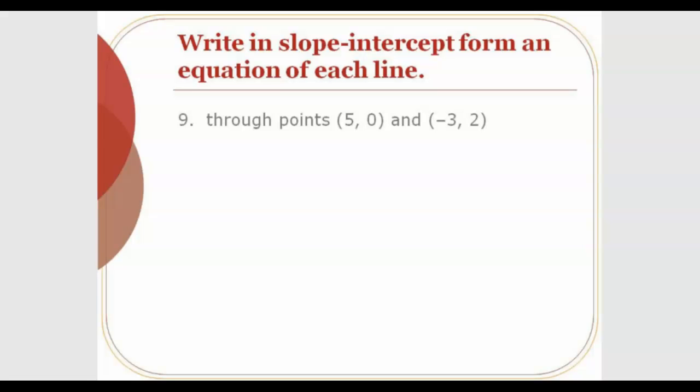In this example, (5, 0) is the x-intercept. So we still need a slope. So you start by finding your slope and then plug into point slope form.